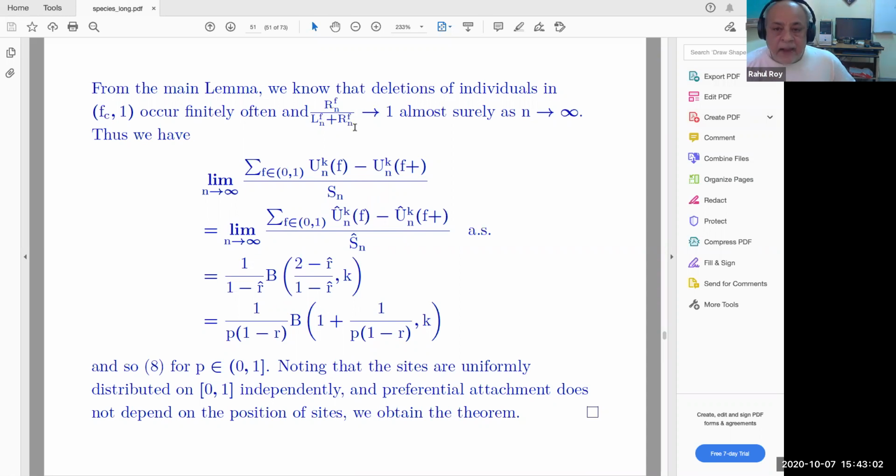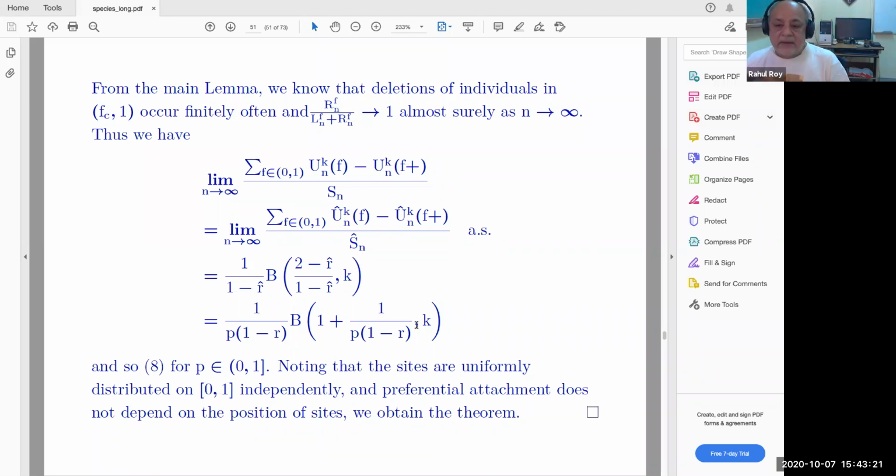Okay. And so what it says is that we don't really have to look in the left side what's happening, in which case what we get from the hat process should be the same as what we got with p equal to 1. And therefore, what we get is exactly this quantity.